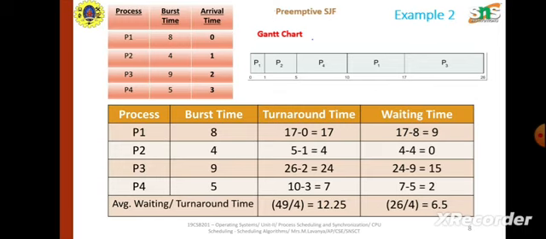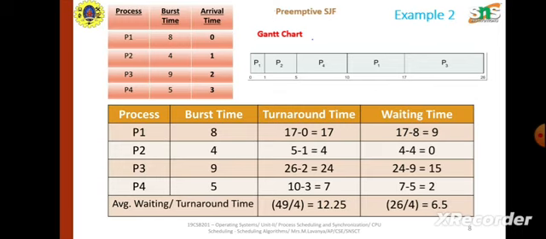So from this Gantt chart, we will be finding the turnaround time and we will be finding the waiting time. What is the formula for finding the turnaround time? Turnaround time equal to completion time minus arrival time.